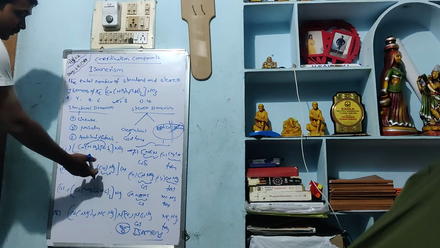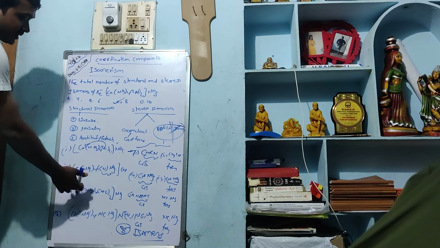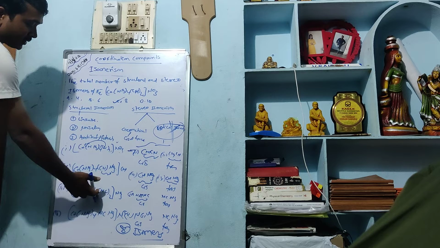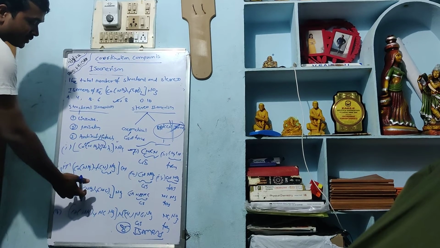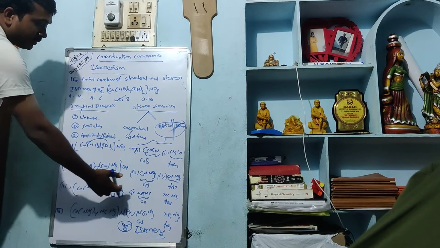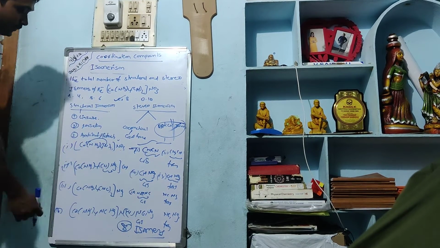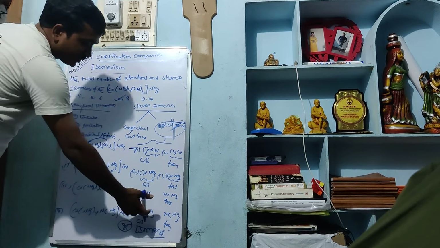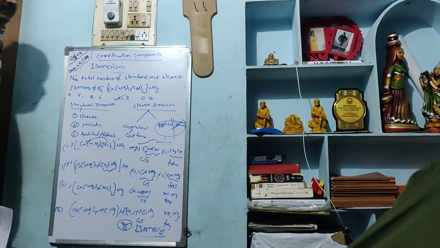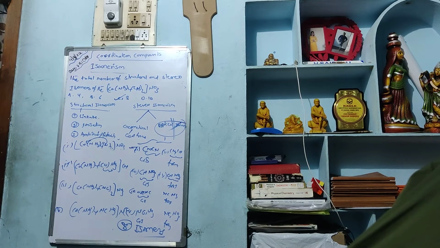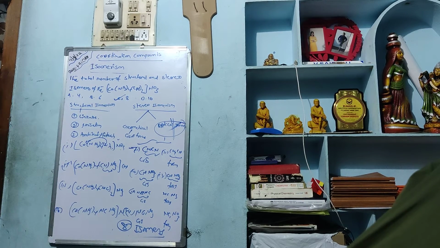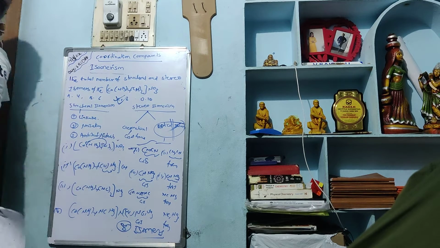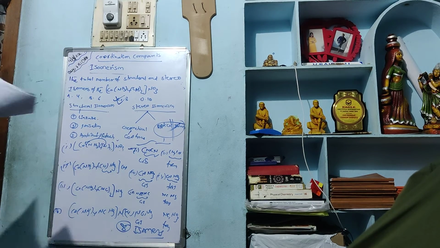Depending on attachment to the central metal atom, if nitrogen donates, that is NC isocyanide, two types, cis and trans. NC and NO3 also cis and trans. These are the different types. Total 8 isomers. Option C is the correct one. Okay. Thank you.